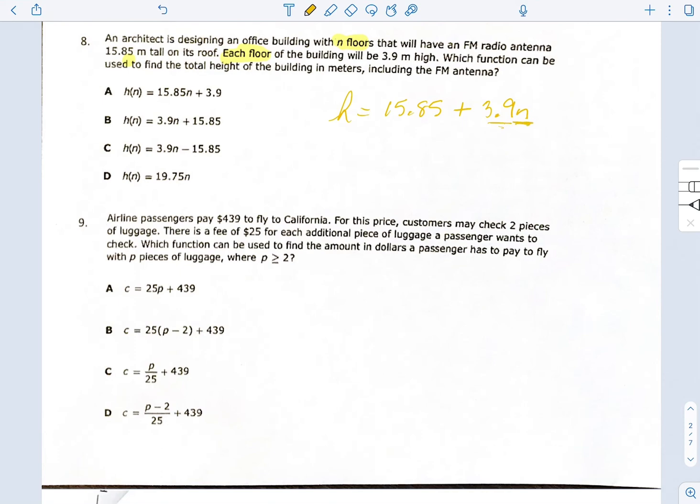Now, you may look for the answer and think, is it A? But notice the N is attached to this 15.85, and that shouldn't be. So what we have to remember is that 3.9N plus 15.85 is where we need to be, which is B.